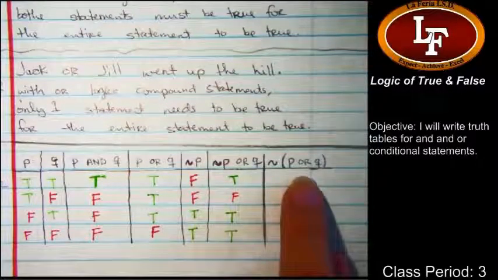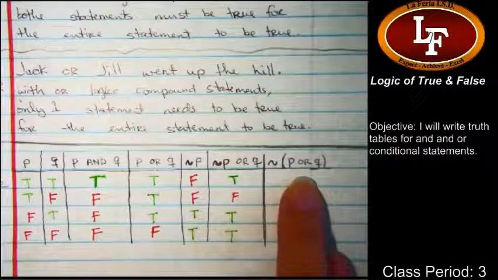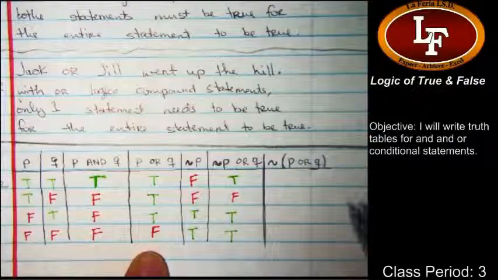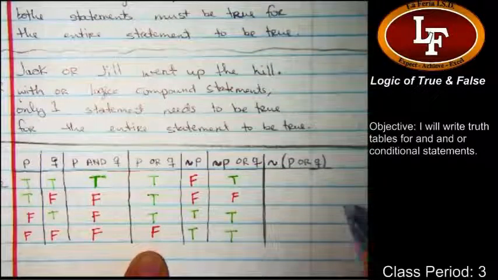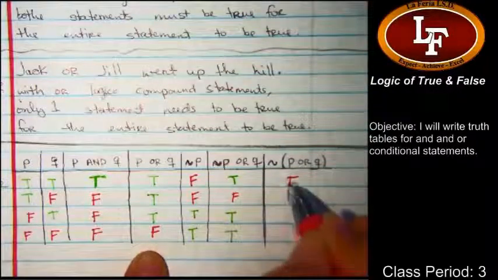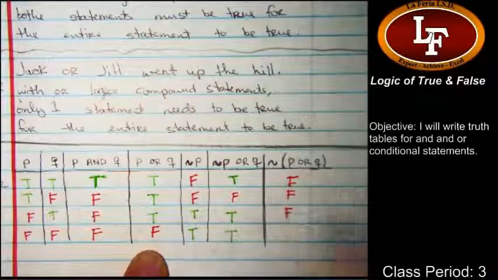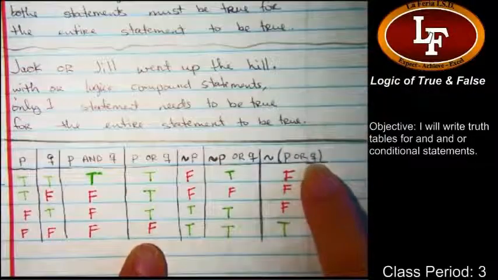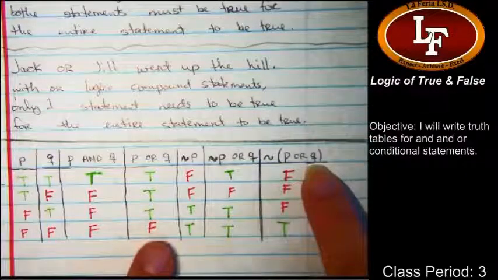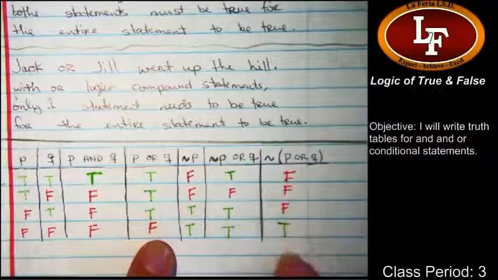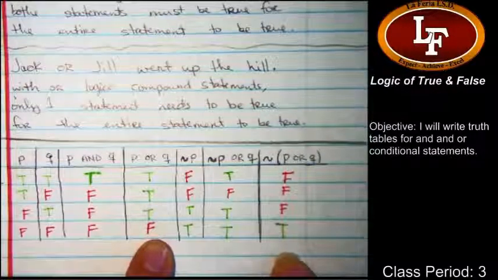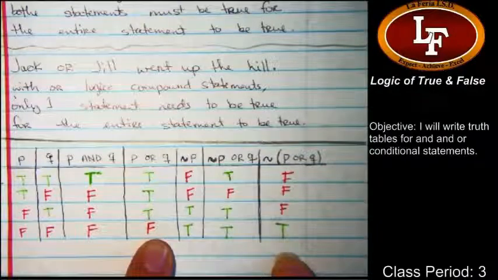So look at the P or Q column. Start with the P or Q column right here, and then the not symbol says make them all the opposite. No thinking required.